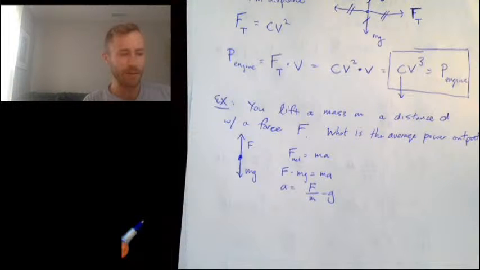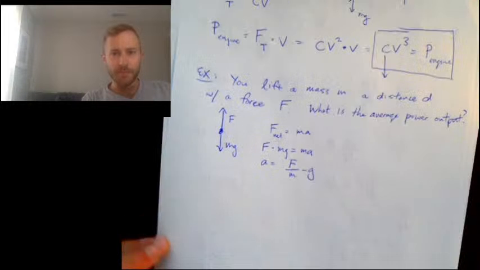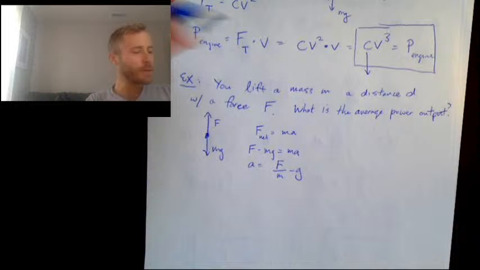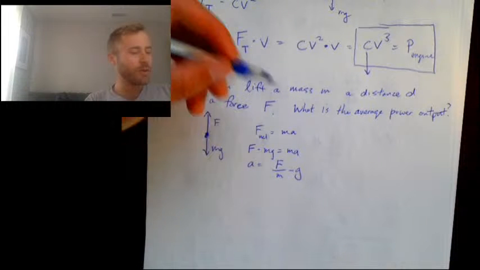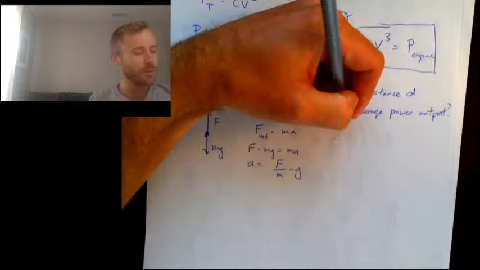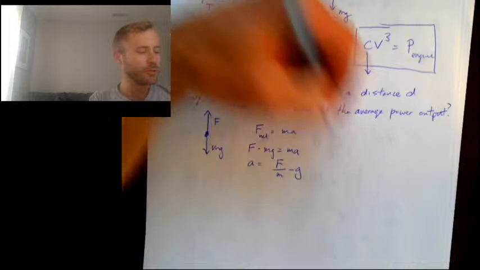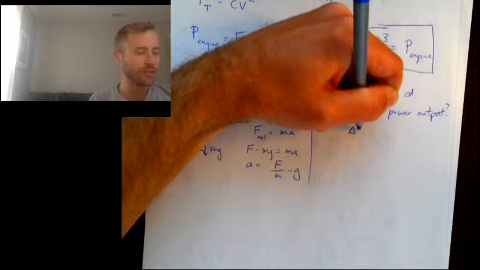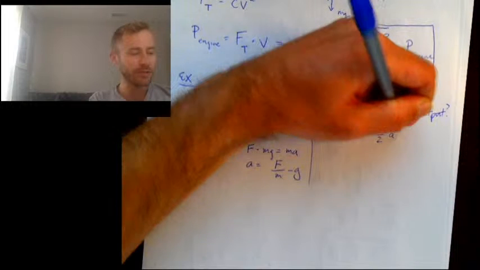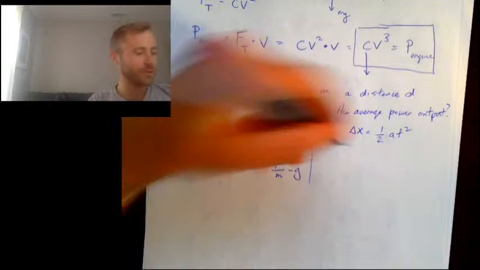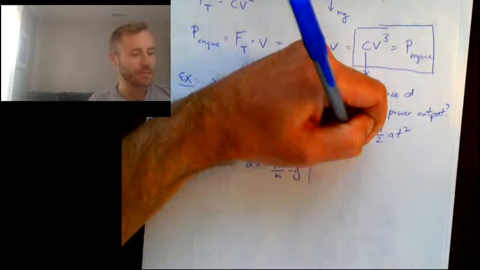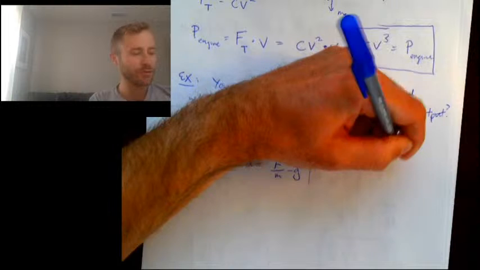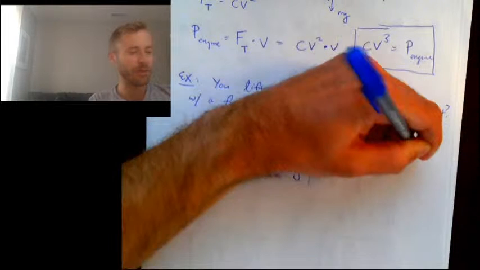All right. So now we use the kinematics equations. For example, delta x equals 1/2 at squared. The delta x is a distance d. And then the acceleration is F over m minus g, times t squared.